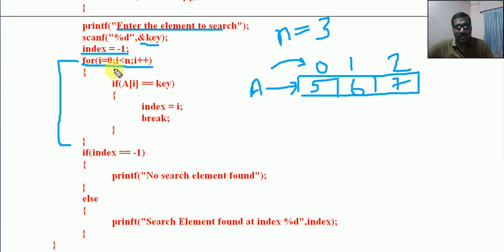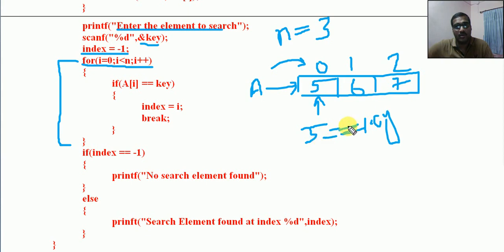Initially I is 0, so this number will be selected. Now inside the loop, I equal to 0, I less than n, that is true, so it will enter the loop. If a of I, that is a of 0, that is 5, is equal to key; double equal is a comparison.